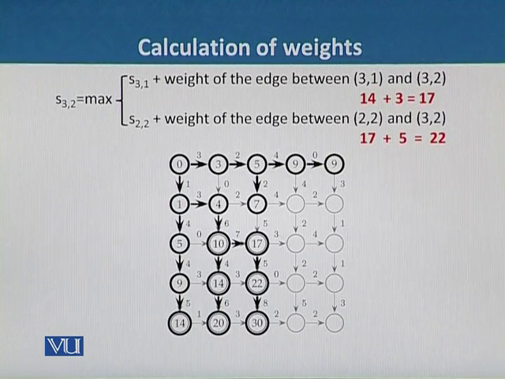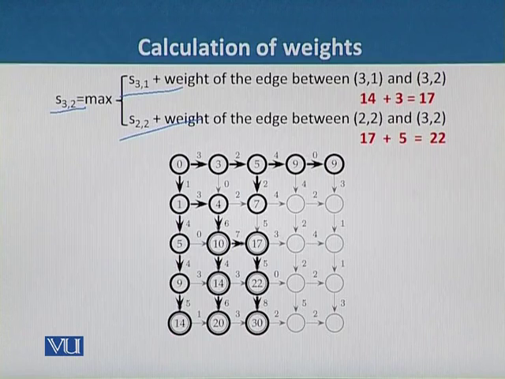Similarly, if we calculate the value of S32, again we will do the same as we have done previously, and we will calculate the value between 3, 1 and 3, 2. In this case, 3, 1 is this one, and 3, 2 is this one. 3, 1 has the value of 14 and 3, 2 has the value of 3, and if we add them it will come out to be 17.